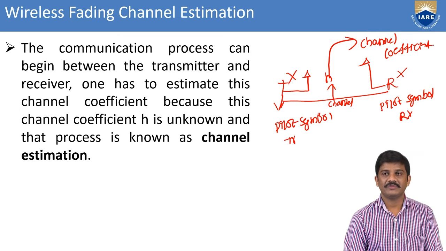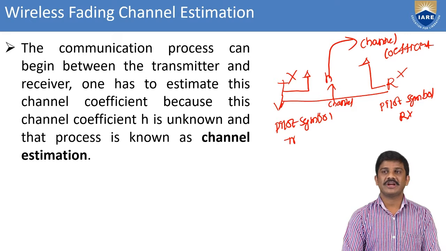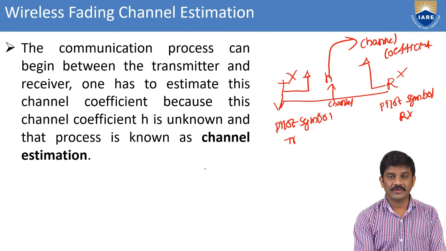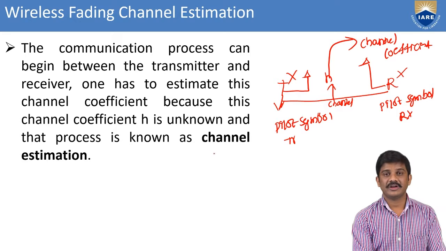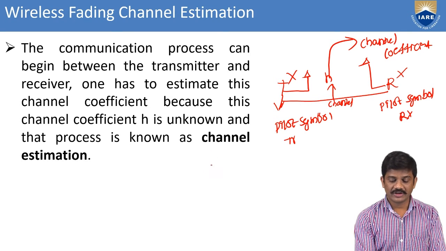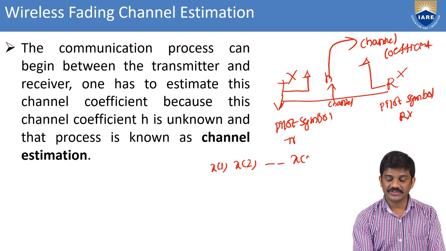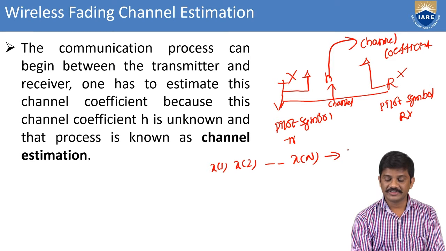From this we can find the transmitted symbols and received symbols. The transmitted symbols are x of 1, x of 2, up to x of n. These are the transmitted pilot symbols.